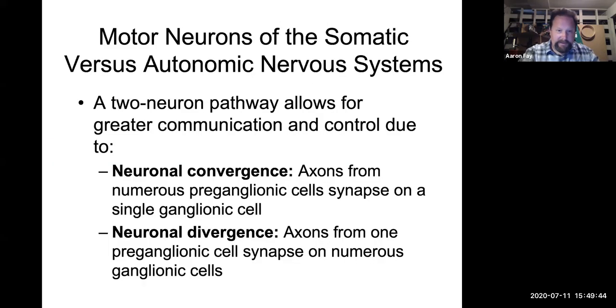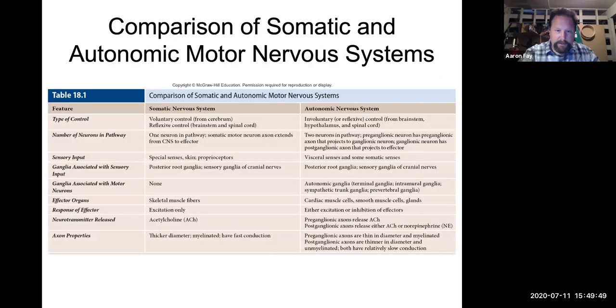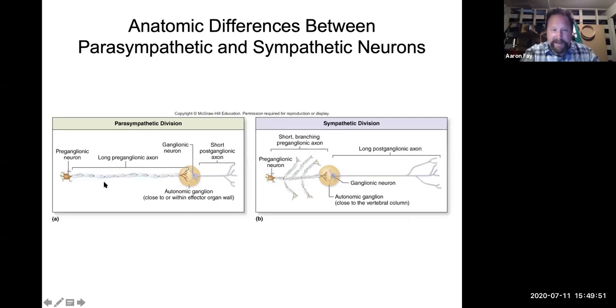Let's see if I have a picture of what I'm trying to get at here. You can see that here. I'll jump ahead. So, a preganglionic neuron branching and synapsing with many different ganglionic neurons. This would be an example of neuronal divergence. Over here, not super clearly shown, but if it showed multiple preganglionic neurons all coming to the same ganglion, that would be neuronal convergence.